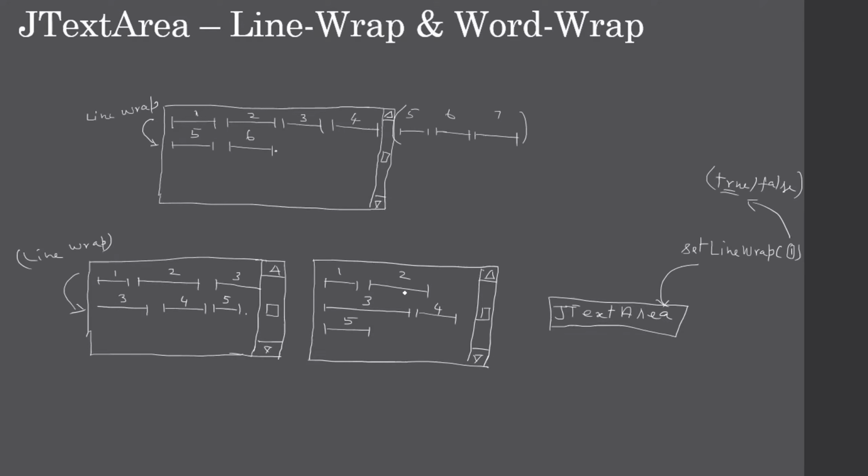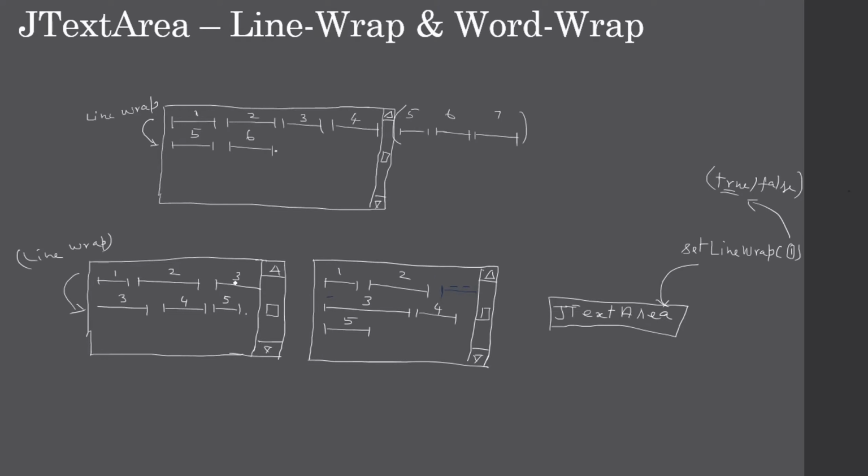When the user starts typing the third weight character by character, the weight is not yet finished, and if there is no room to accommodate that weight in the first line, the text area will place the weight in a new line. So this is what is called weight wrap.